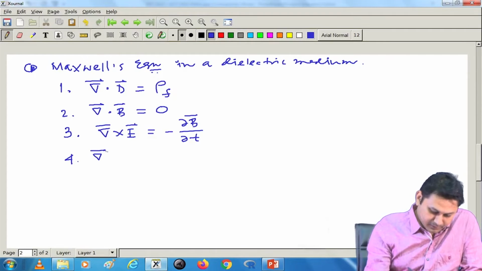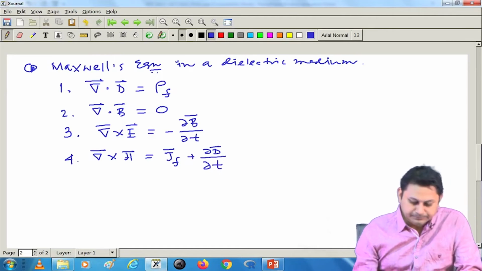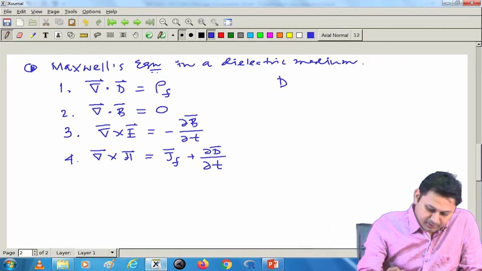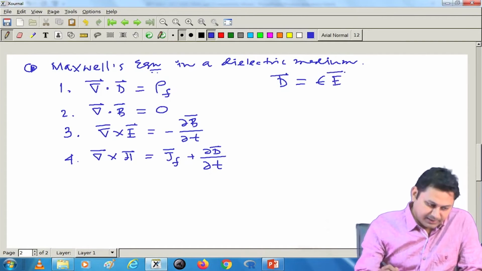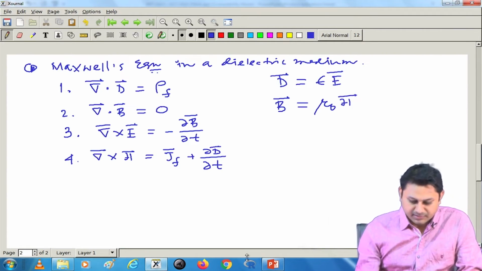And finally, curl cross H is equal to J f plus del D del t. Now, we should remember that the vector D is epsilon E, and B is mu 0 H for non-magnetic systems.